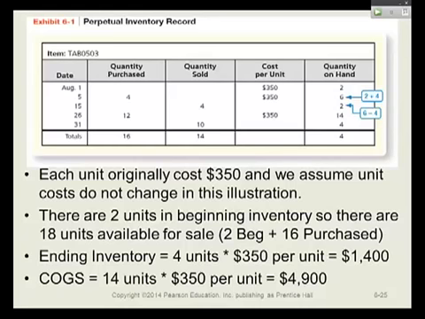It can't be any different because you don't have any other cost, and the remaining inventory is also at $3.50. So remember, that's going to add up. It's always like a balancing scale. Whatever's on one side has to be allocated. Whatever comes in, the 18 units have to go out.